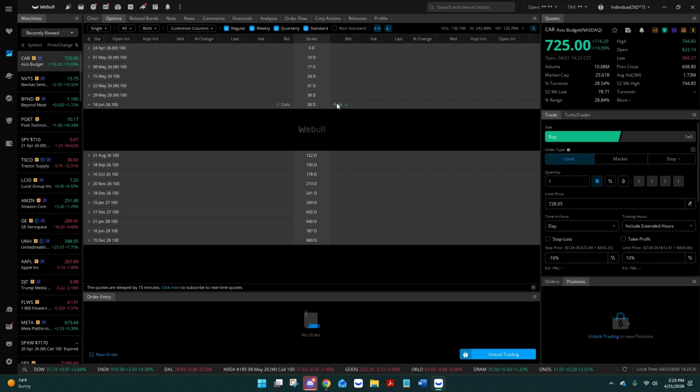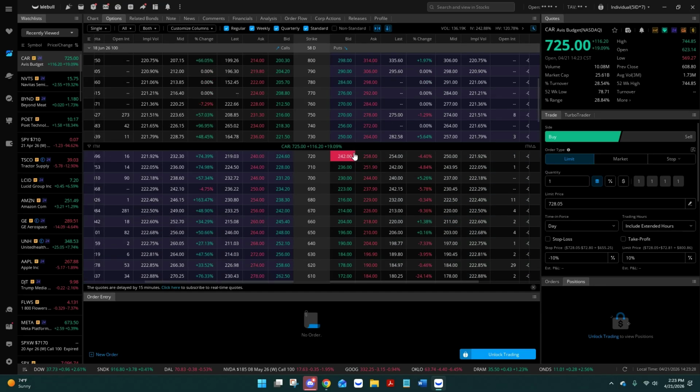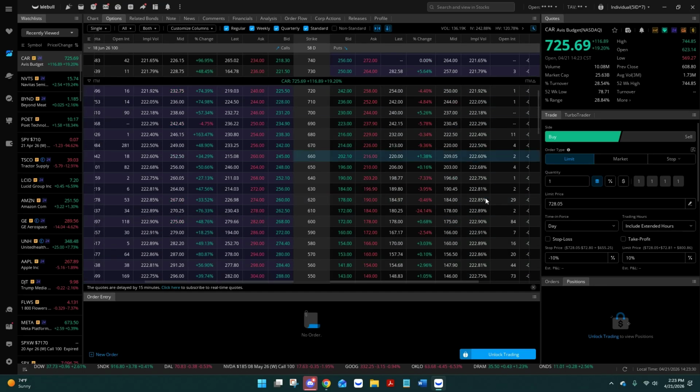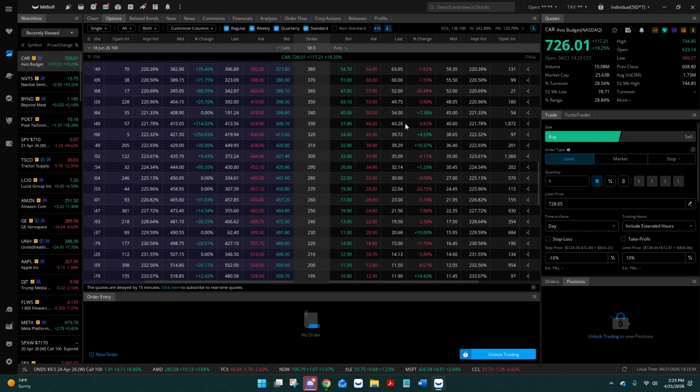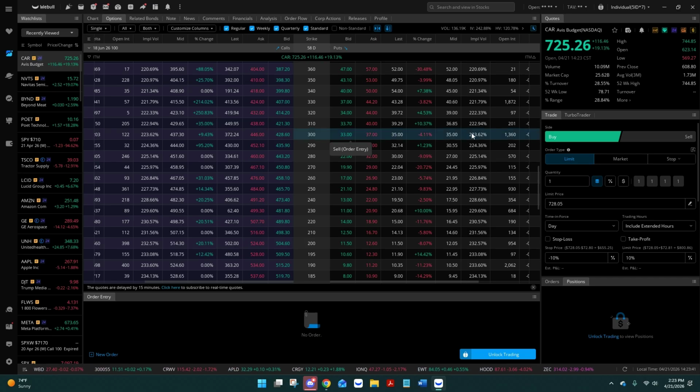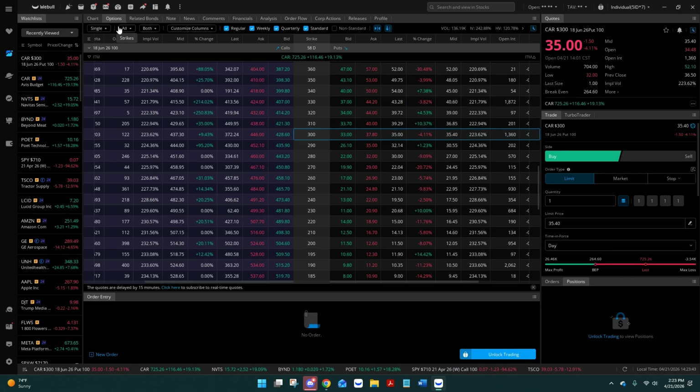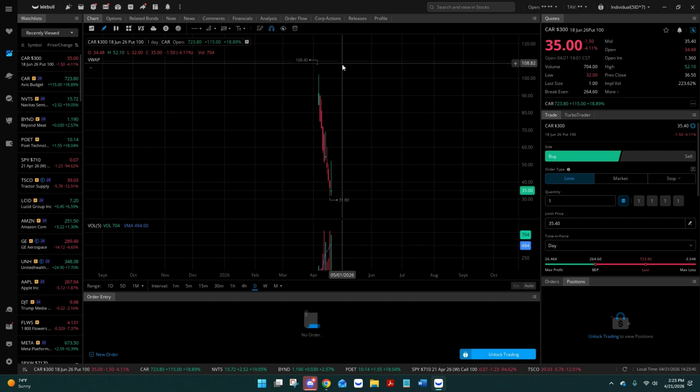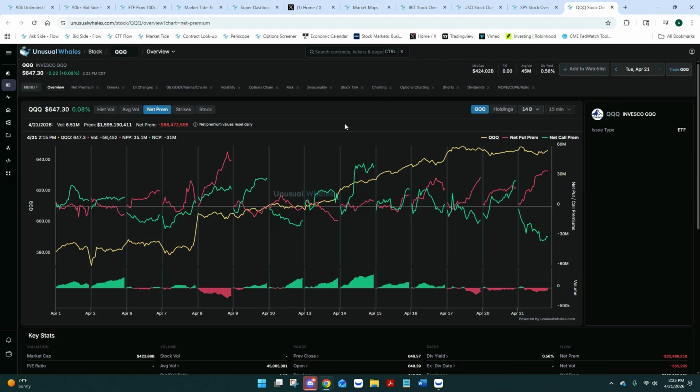June puts, look at the price. It's because the IV is so elevated, but even 50% out of the money, you're paying $33 a contract. That's not even worth it right now. Maybe if that IV calms a little bit.